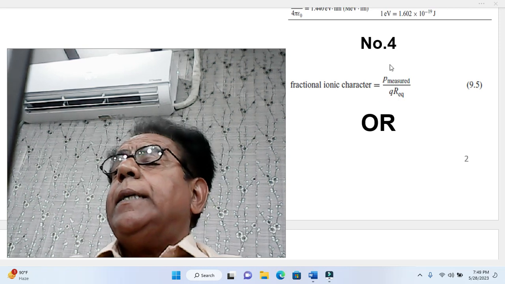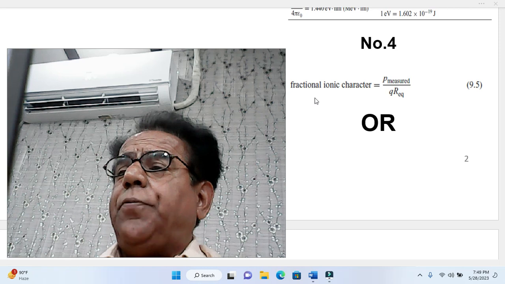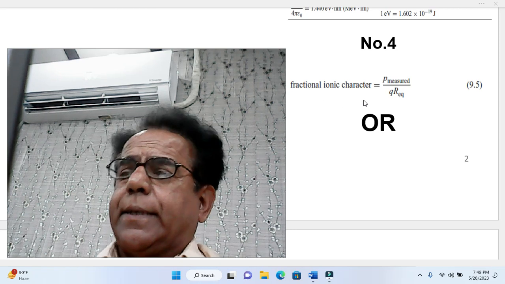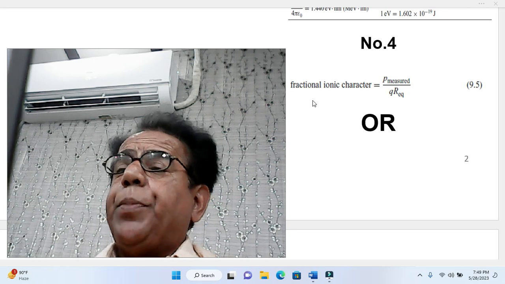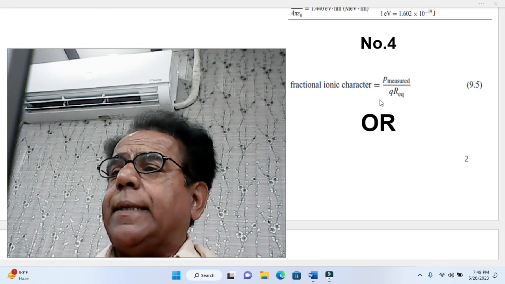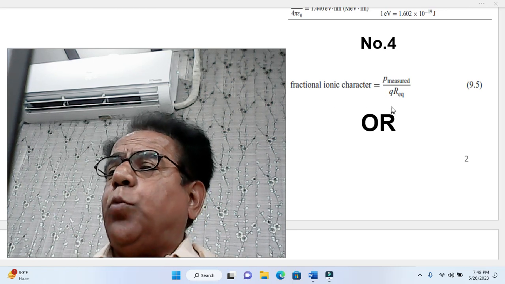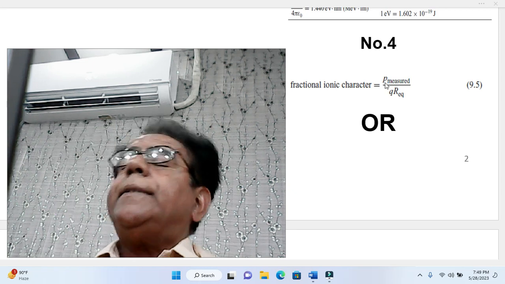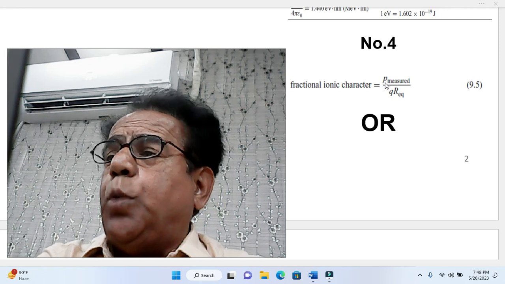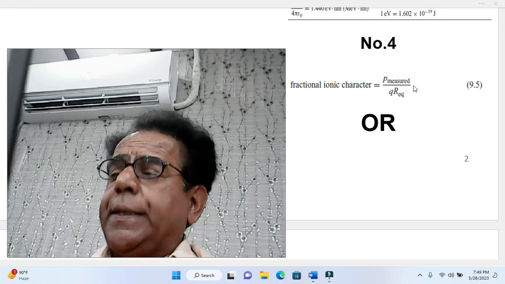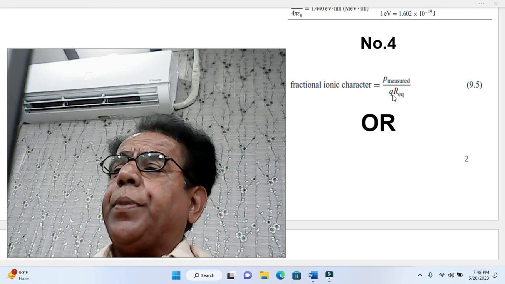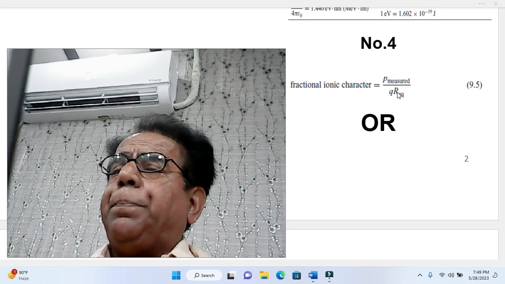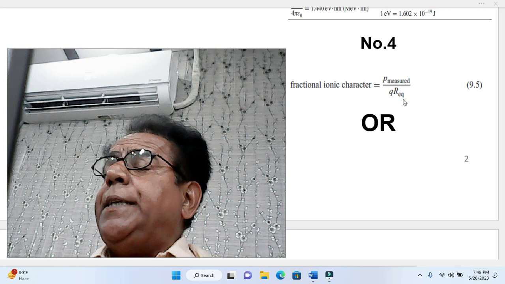This tool says that fractional ionic character, which is asked in the problem statement, is equal to P measured over Q R_EQ. P stands for electric dipole moment. Measured electric dipole moment divided by Q charge and R separation distance, equilibrium separation.